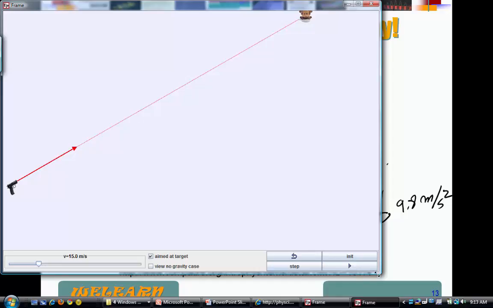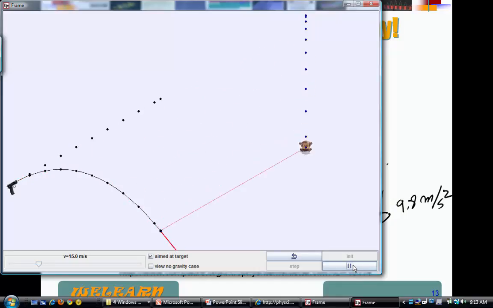I'm not sure if we are going to be able to see it in the screen, but the monkey is going to still be hit. Okay, we don't see it on the screen. But you see the vertical displacement is the same. So if there is more room for the monkey to move, it's going to be hit again. So it would have been smarter for the monkey to stay in the same location.